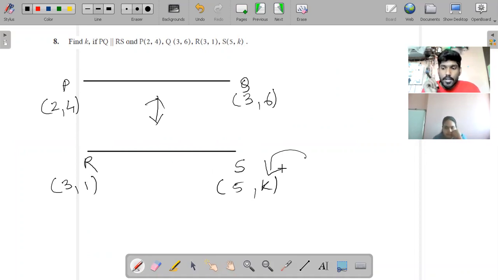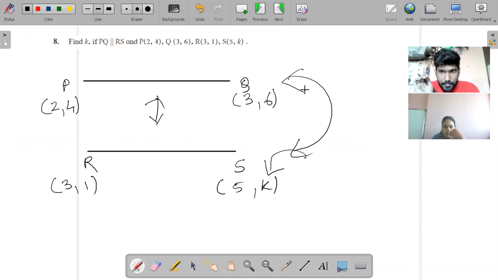Now I want you to recollect the property. If two lines have the same slope, then those two lines are what? Parallel to each other. Or in other words, if the two lines are parallel, then their slope will be equal.